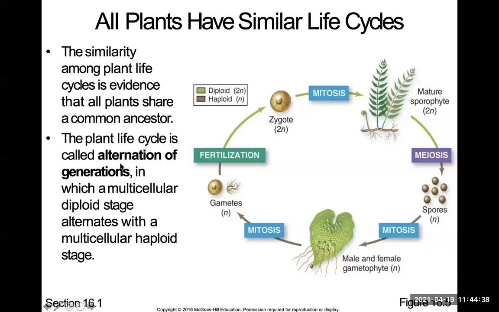And this life cycle is called alternation of generations because it's alternating between diploid and haploid. It says 2N, that's diploid. Here it says 1N, that's haploid. So it's alternating between 2 stages, and that's why it's called alternation of generations. That's when a multicellular diploid stage alternates with a haploid stage.